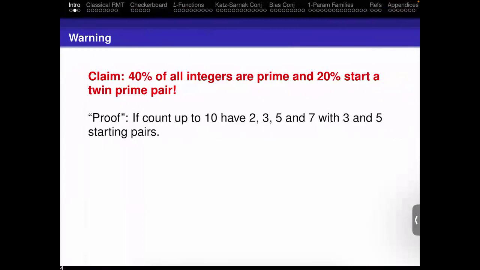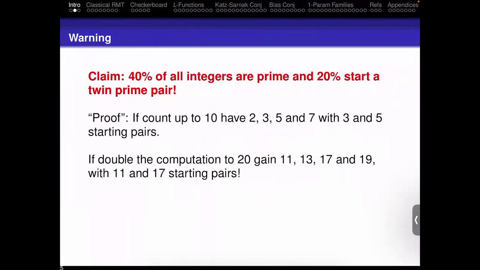If you doubt this, I will double the range of computation and go up to 20. Again, we see 4 new primes, and we see again 2 more numbers starting twin prime pairs. So this is the danger of computation misleading you when trying to figure out the correct scale for the problem you're looking at. We would never make conjectures about prime numbers by only looking at things up to 20. But unfortunately, for a lot of things with elliptic curves and related problems, it's really equivalent to doing something like that.